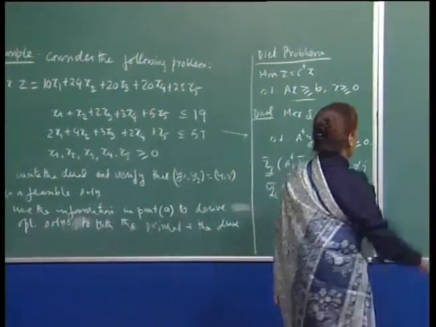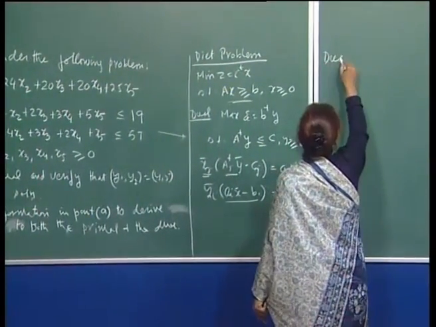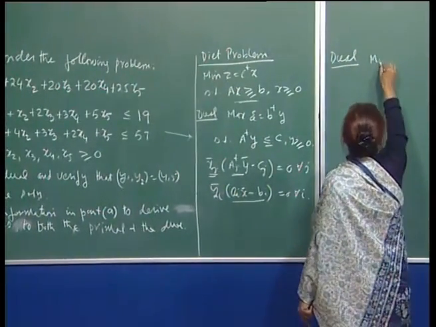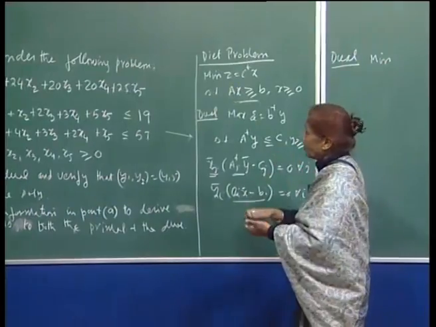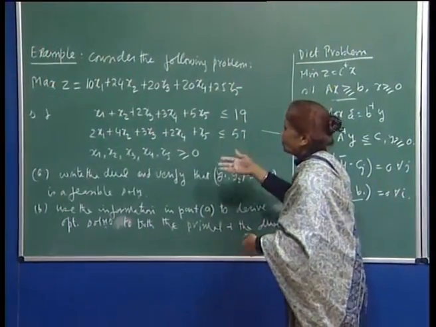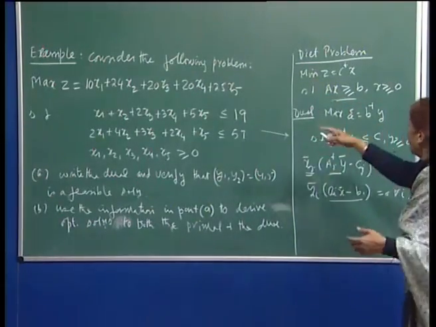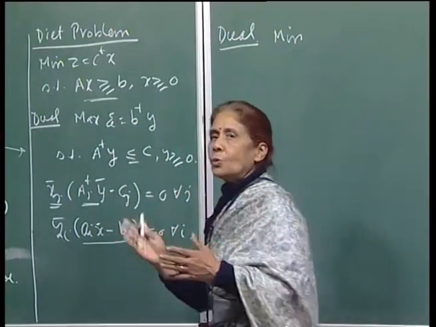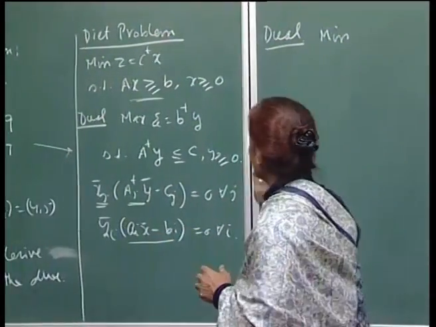The dual of the given problem will be a minimization. If you want, you can go through the exercise of converting this to a primal problem and then write the dual, but we have already done it. Since the dual of the dual is the primal, I will use that concept.